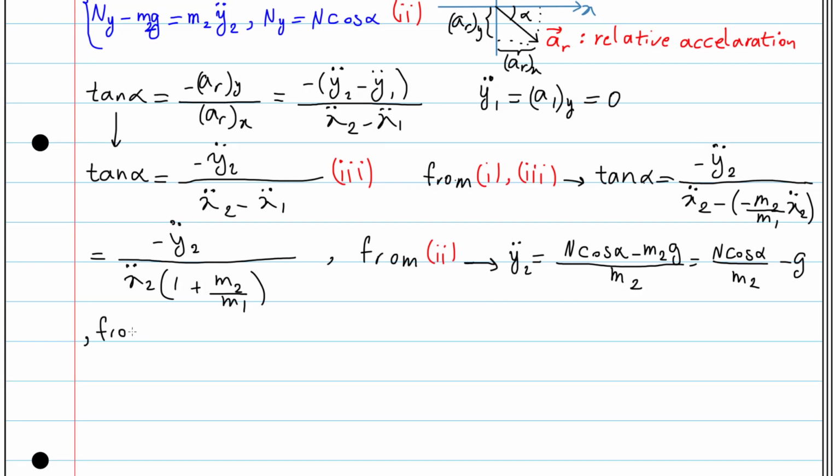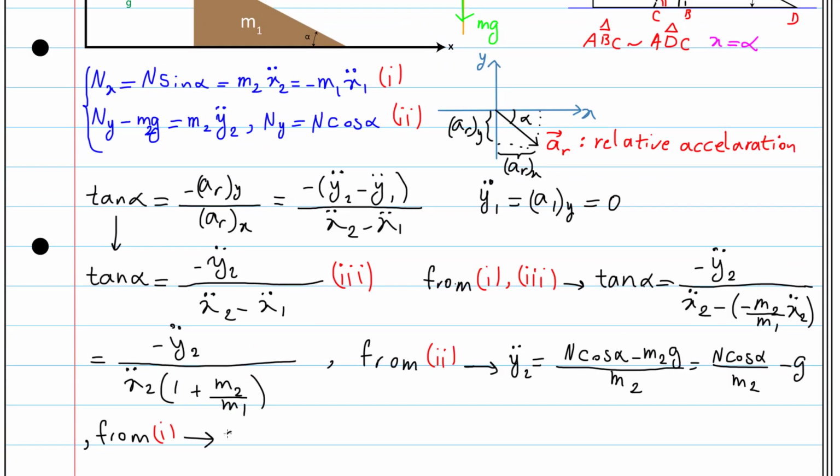Moreover, from 1 we have x double dot 2 equals n sine alpha over m2.